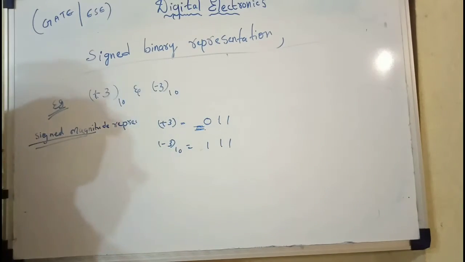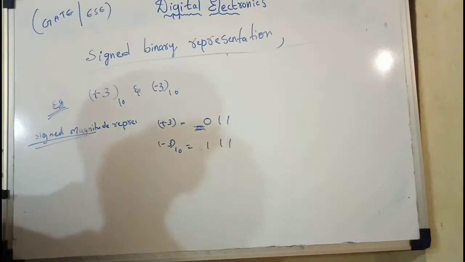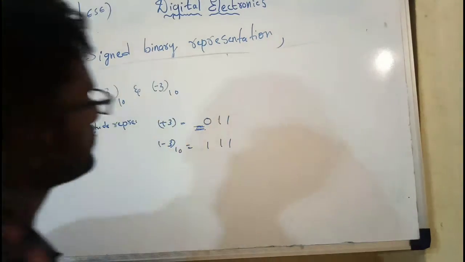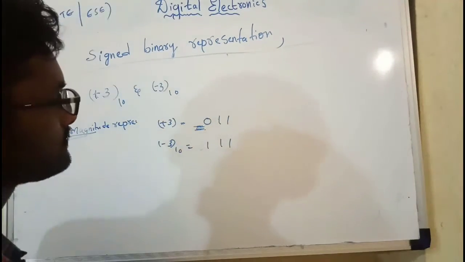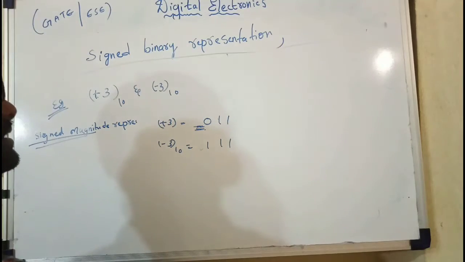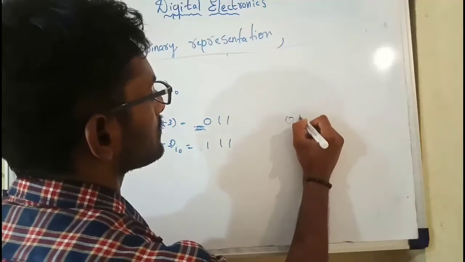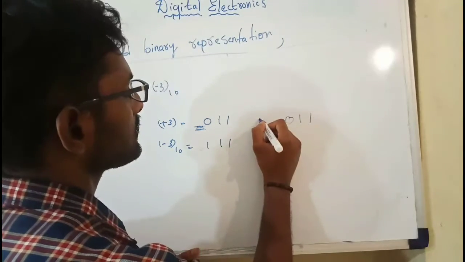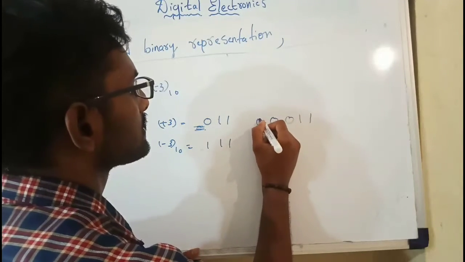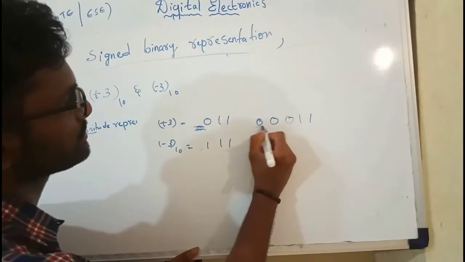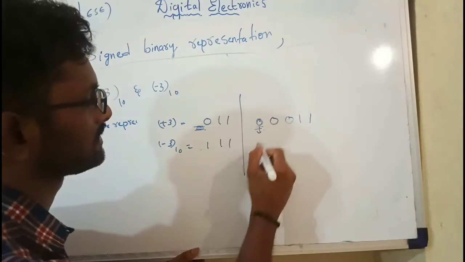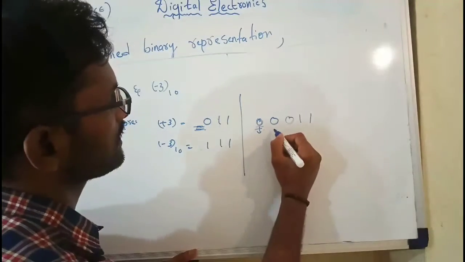In sign magnitude, if you want to extend the sign bits, we can't, because for plus 3, if we add 2 more digits, the last bit represents the sign bit, which means the value here is the same.